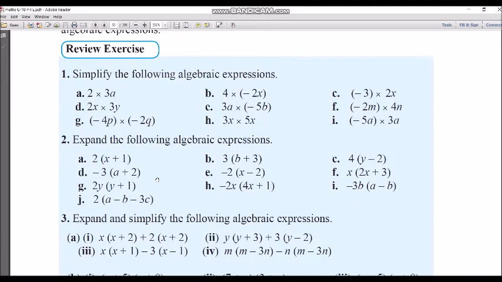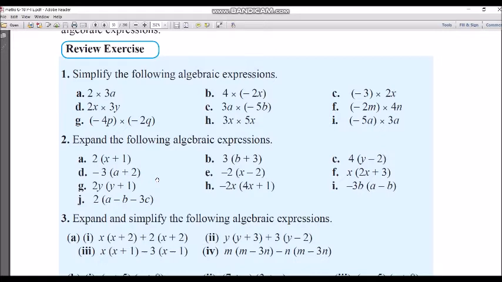We know an algebraic expression is a combination of some unknown variables and constants connected using algebraic operations. In the first one we can see 2 into 3a.